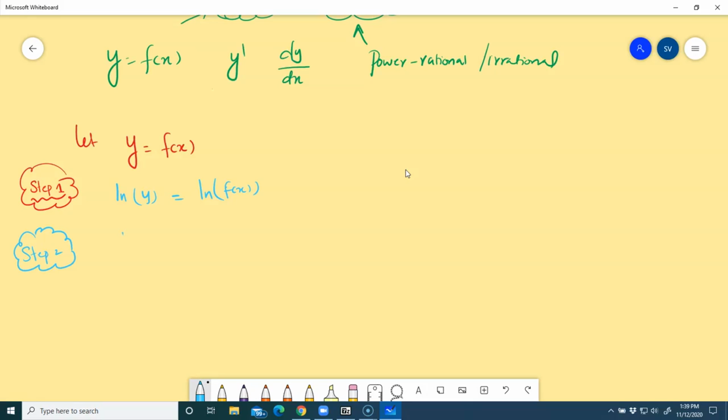That is 1 over the function, that is y. But we are finding d by dx. If the function is in x, that's fine, 1 by y is fine. But here the function is not in x, it is in y. That means it is kind of a function of a function format. So here you have to apply the chain rule.